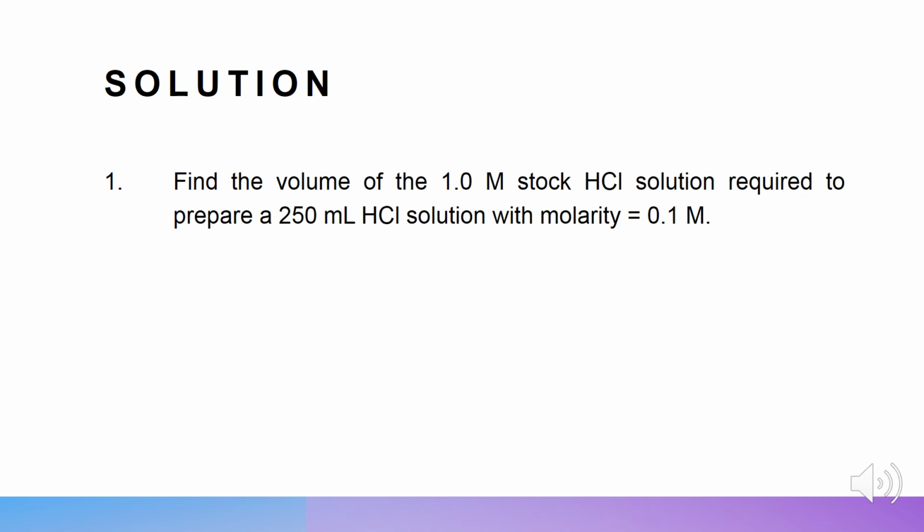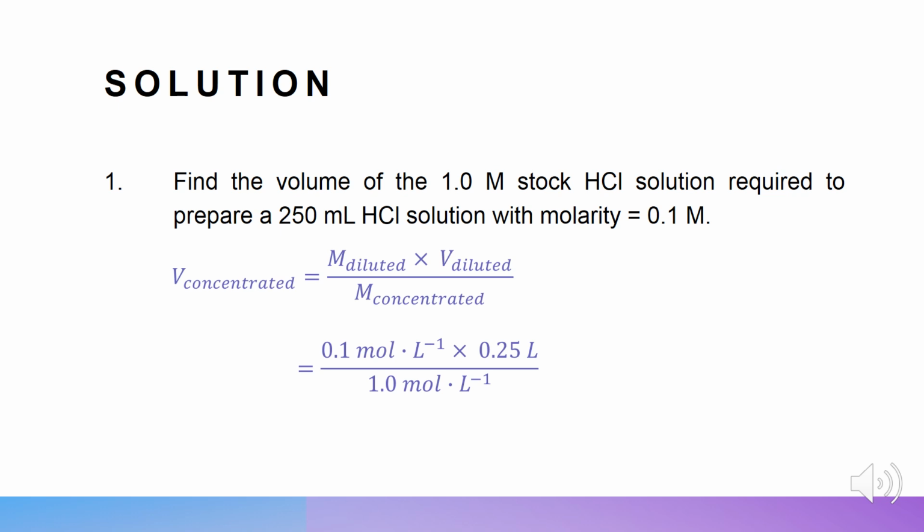By using the dilution formula, volume concentrated or volume stock solution is equal to molarity of dilute solution times volume of the dilute solution divided by molarity of the stock solution. Substitute the value into the formula and the volume of the stock solution is equal to 0.025 liter or 25 ml.